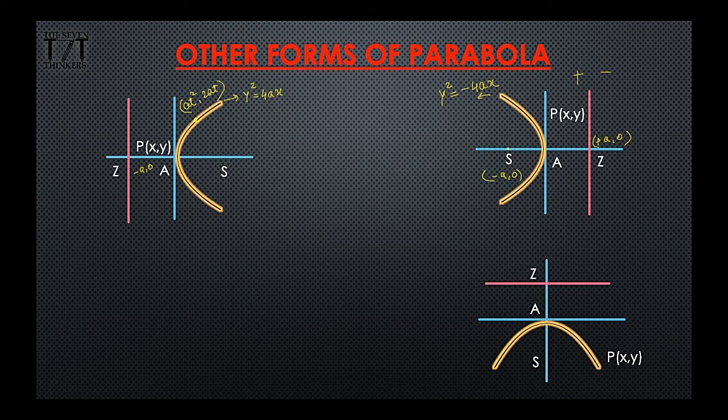symmetric about negative y-axis. So over here, the curve was symmetric about negative x-axis, so we had a minus sign over here. Similarly, for this kind of parabola, since the axis is the y-axis, it will be 4ay, and a minus sign as it is towards the negative y-axis.